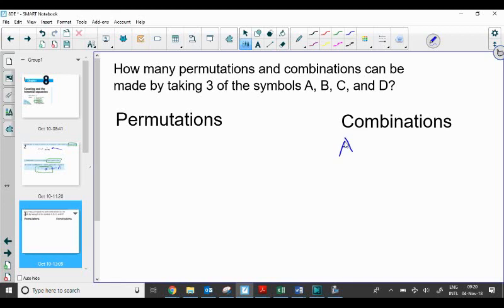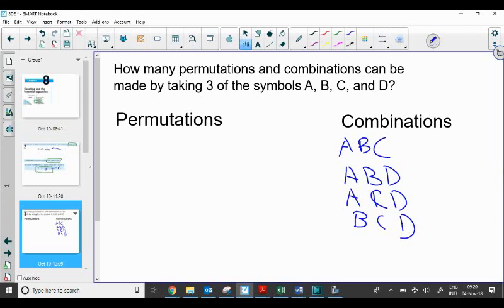So I might choose A, B, and C. I might choose A, B, and D. I might choose A, C, and D. Or I might choose B, C, and D. Those are the only combinations that I can choose. Since I'm choosing 3 out of the 4, in each of these cases, I'm leaving out one of the letters. So I left out the D, I left out the C, I left out the B, and then I left out the A. There's only 4 combinations.